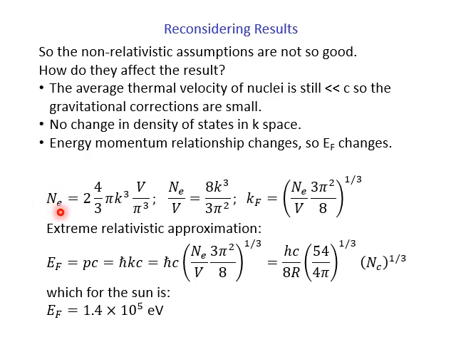So making an extreme relativistic approximation, the total number of electrons we can compute in the same way, where it's proportional to the wave vector cubed, but now energy and wave vector are directly proportional to one another.